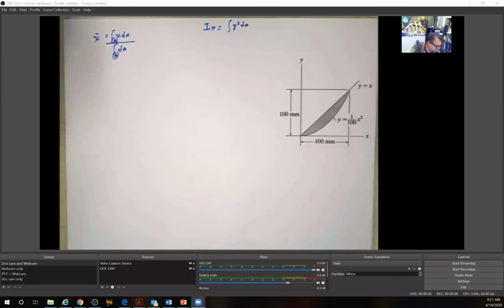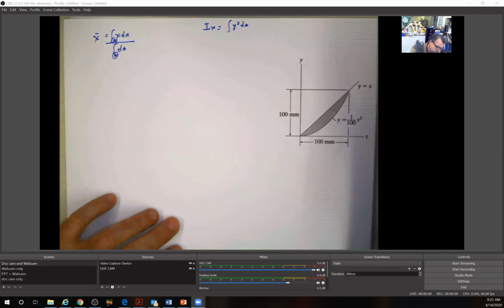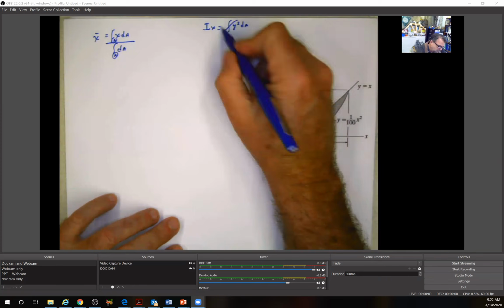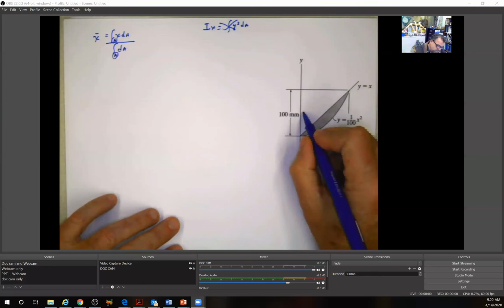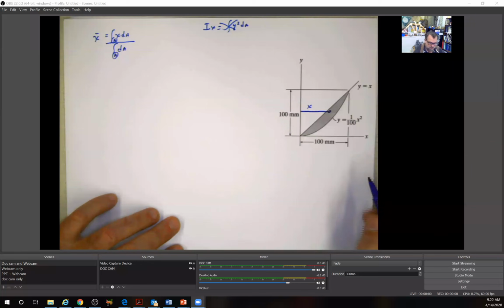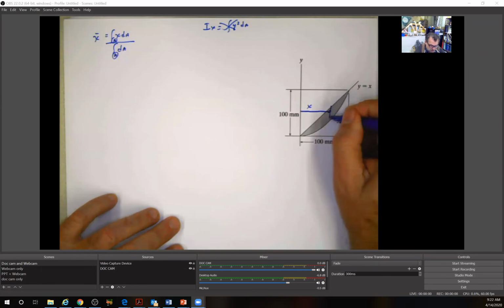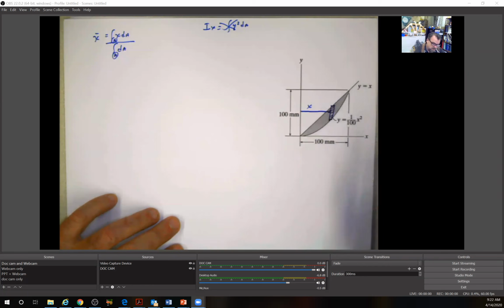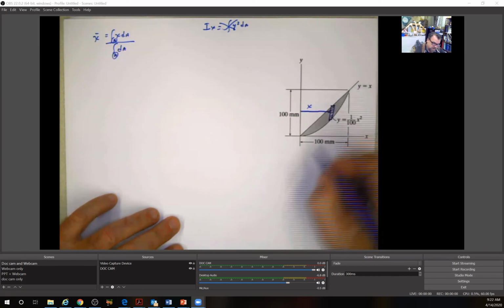If you're doing the x direction, I always say the straightforward, follow-procedure approach, try not to mess up, will be: I'm going to do the x bar, so that means that somehow I'm measuring a distance x from there, and my differential of area, I try to make it perpendicular to that distance. Sometimes it's not possible, but I try.